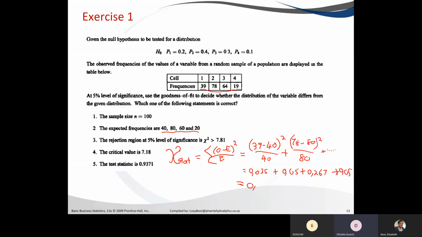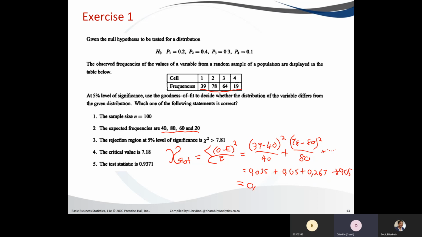Okay, I'm adding 0.05 now. Okay, let me start from the left side. 0.025 plus 0.05, plus 0.266, plus 0.05.